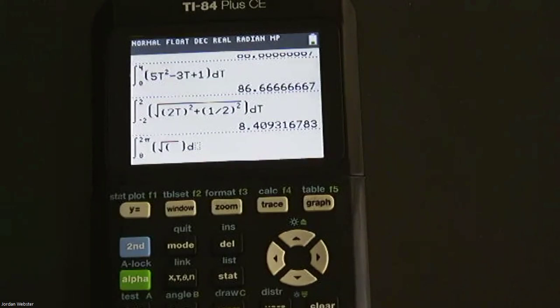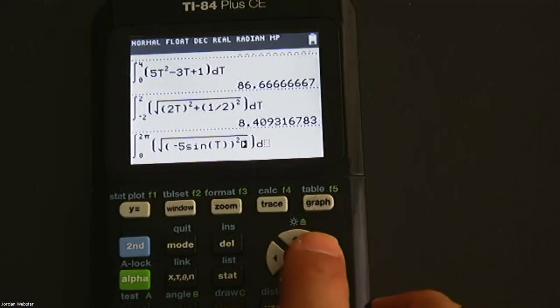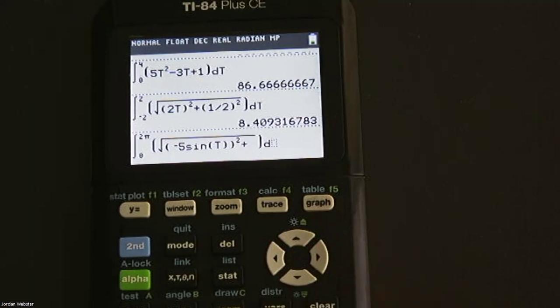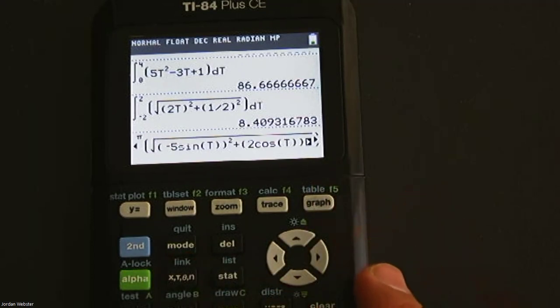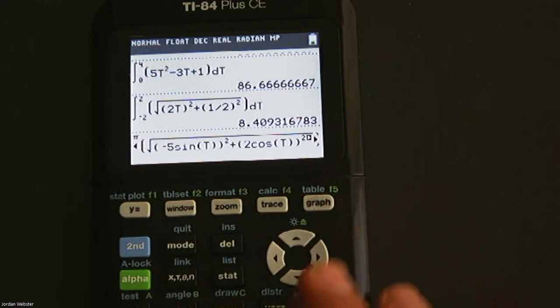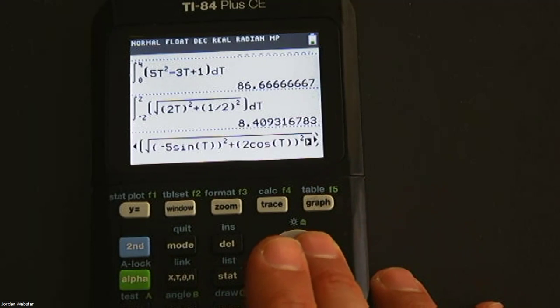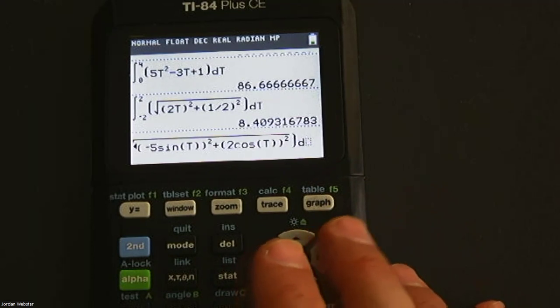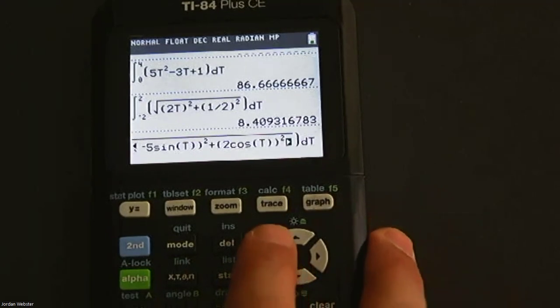In parentheses, -5 times sine of t. Square that. Plus, in parentheses, 2 times the cosine of t. Make sure you have parentheses around the entirety of 2 times cosine of t and square that. All of it should be underneath the square root and then integrate with respect to t.